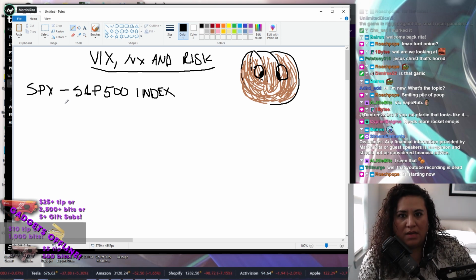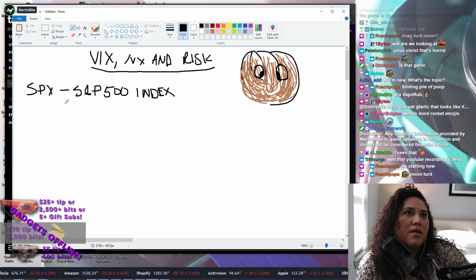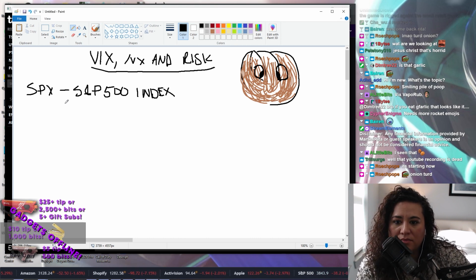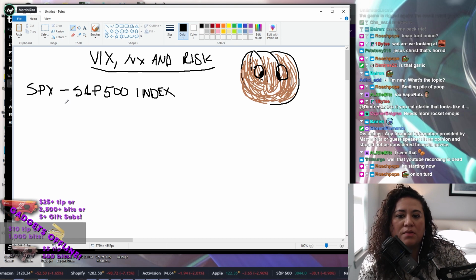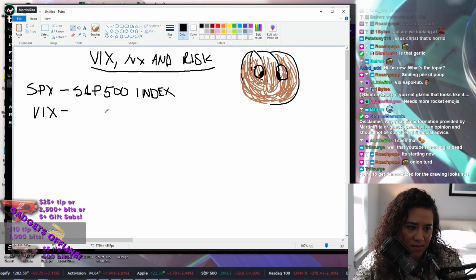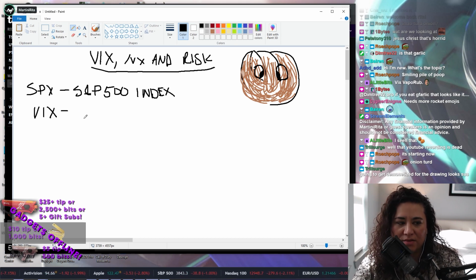Either they're hedging, or using it to protect a portfolio, or taking on risk. So typically what we'll see is on VIX, which is the index of the premium of the S&P 500, because there's a lot of layers.